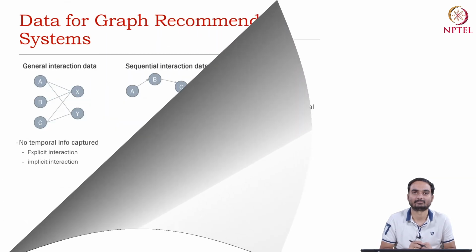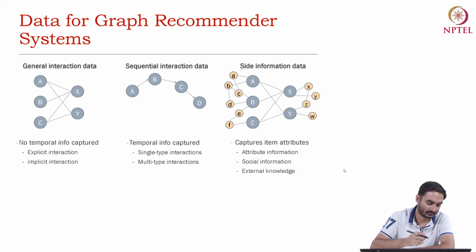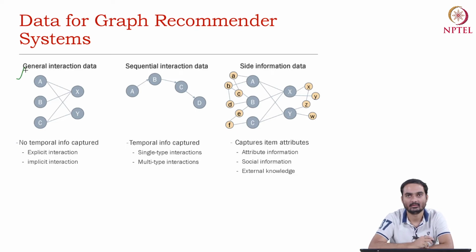Okay. Let us look at the data that we generally use for graph based recommendation system. We generally model the data with a bipartite network, as I mentioned earlier. If there are explicit interactions, then it is good, otherwise we use some sort of implicit interactions and model it in terms of a bipartite network. We also capture the sequential interaction data.